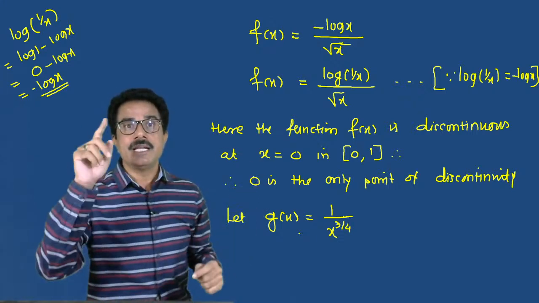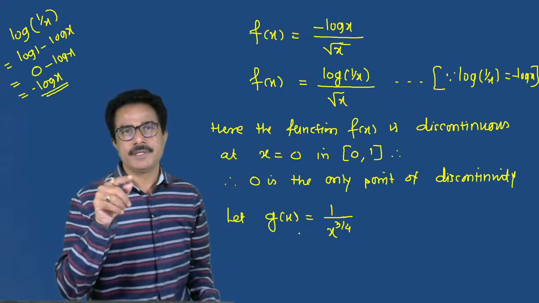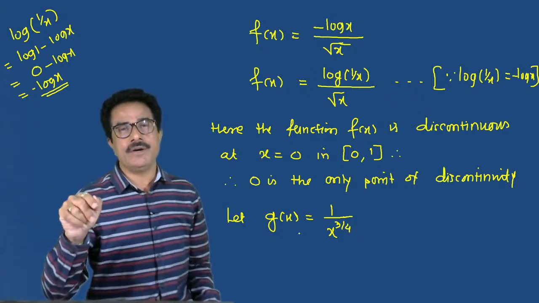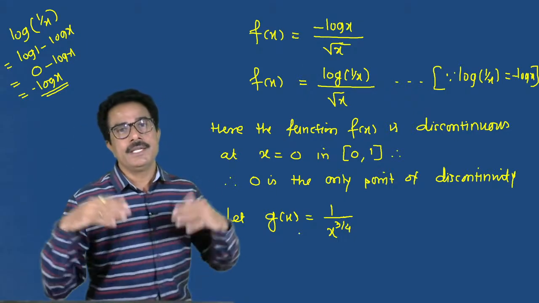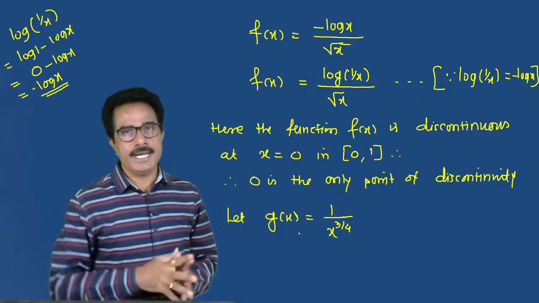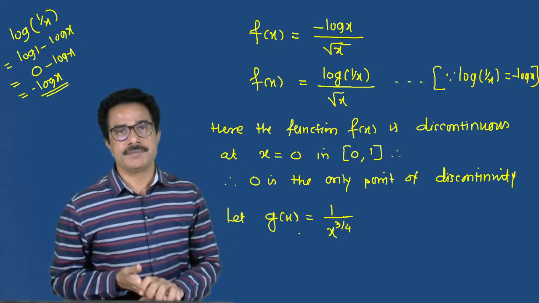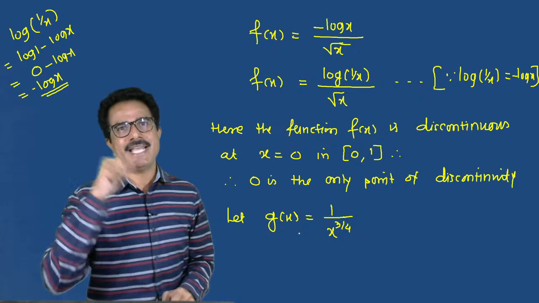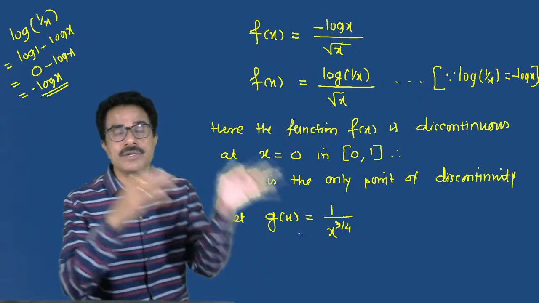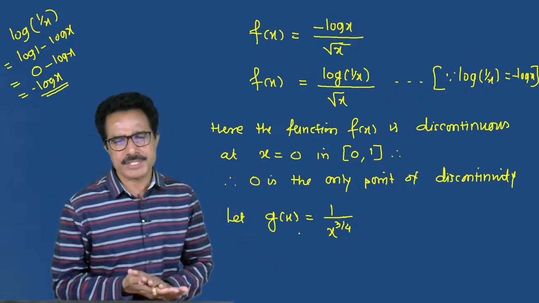If limit x tends to a positive of f of x divided by g of x is equals to L, where L is a real number, and if this limit exists, then f and g converge or diverge together. This is the concept which we have seen.